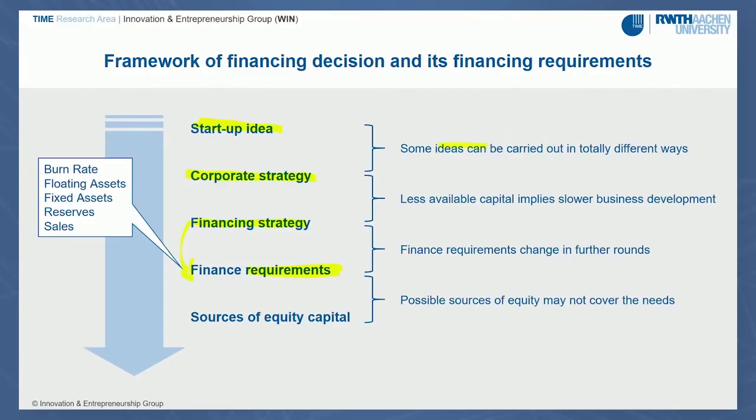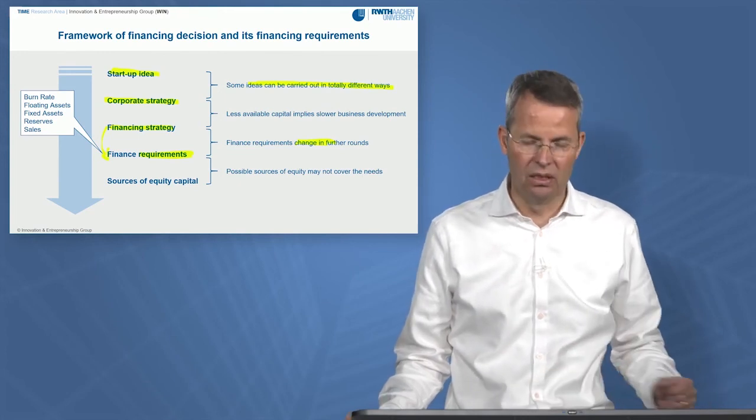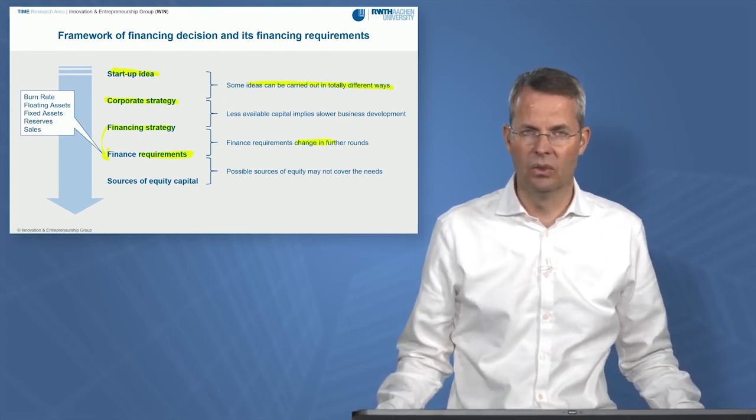So ideas can be carried out in totally different ways. Less available capital implies slower business development. However, it also implies you don't have to give away so much control, and finance requirements might change in further rounds, and then you have to look for the potential sources you have.